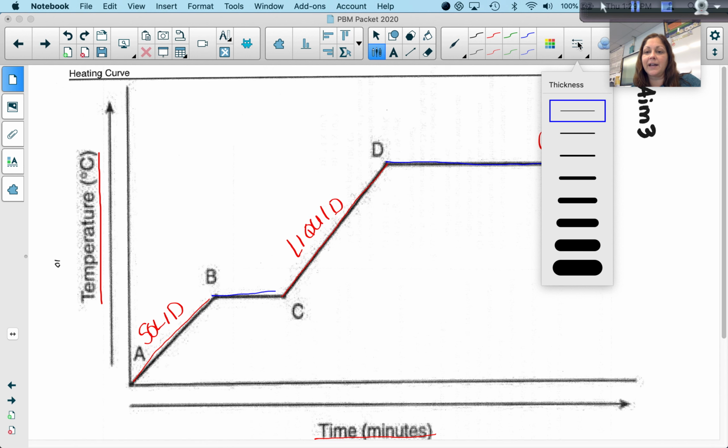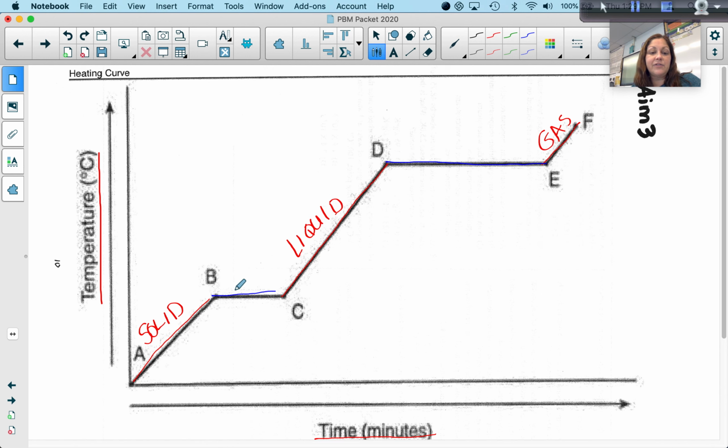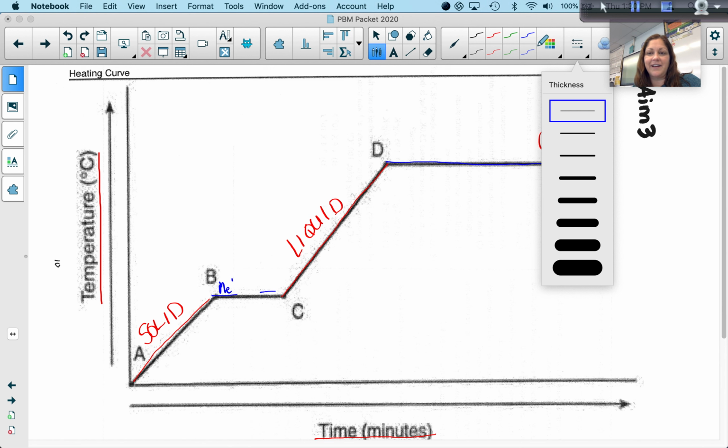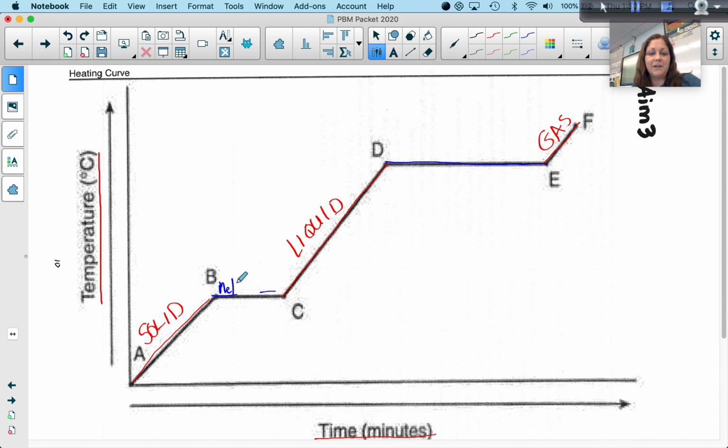When we are talking about a phase change from solid to liquid, remember this is melting.